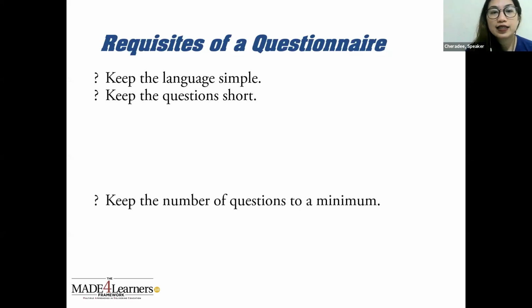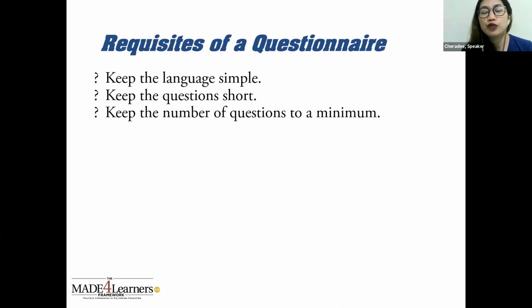Okay, next, keep the number of questions to a minimum. I'm sure you have tried answering surveys or forms. Right now, the common one is a Google form. Diba, if a Google form is already 5 pages or more, it's really tiring already.